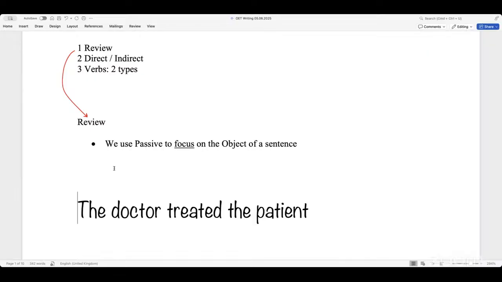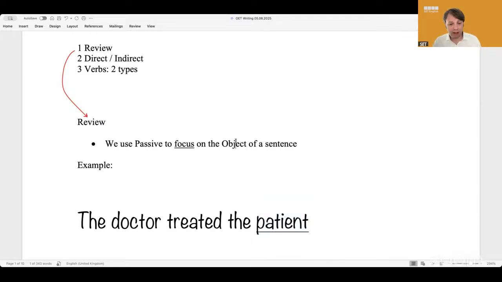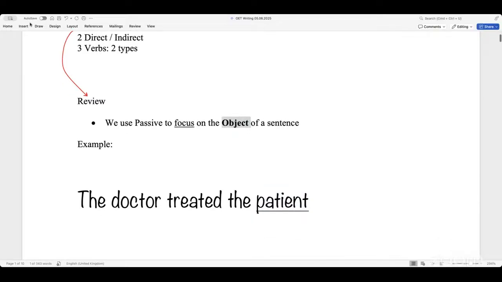Here we focus on the doctor, but in OET we should focus on the patient. So the patient is the object of the sentence. Does everyone agree? The subject, verb, object.